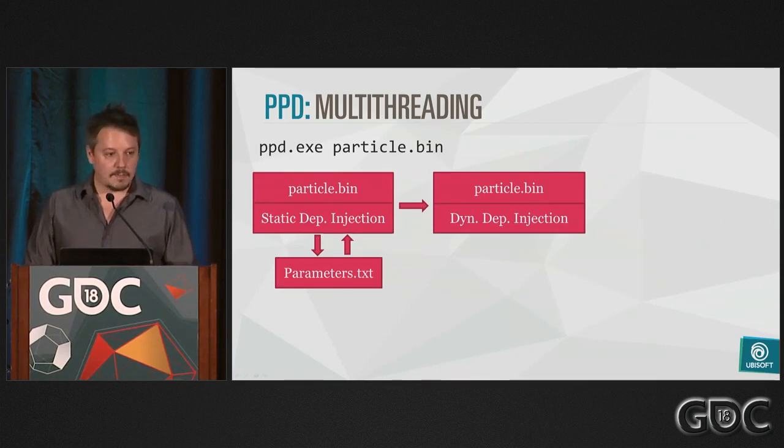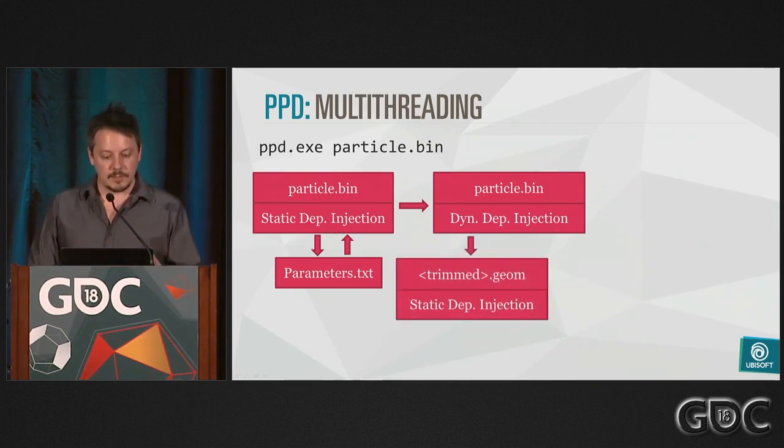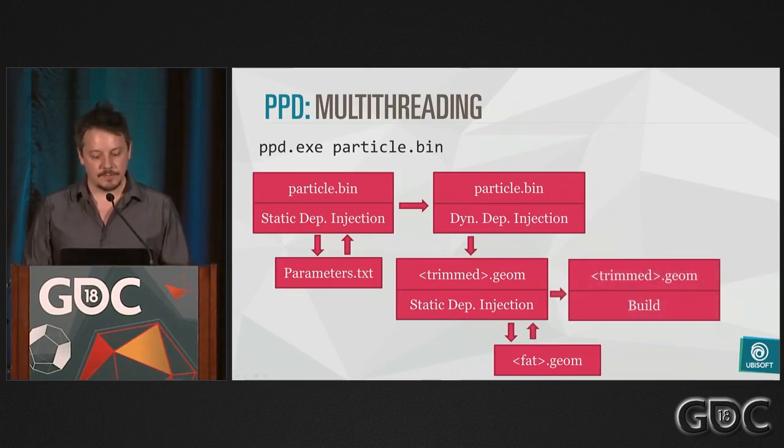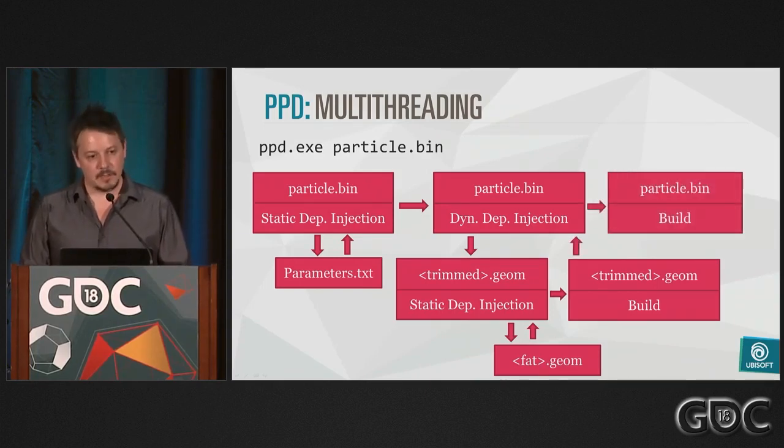Scheduling a dependency itself is just scheduling the first stage. We would schedule the trim geometry static dependency injection. This one itself will schedule the fat geometry file check. Whenever we see that this file is up to date, we receive the notification, can move to the next step, building the trim geometry, then notify, then build the particle.